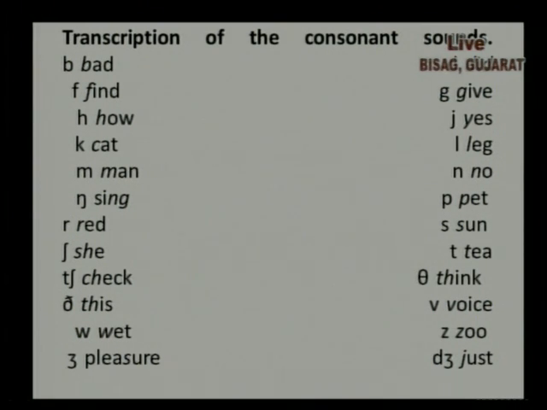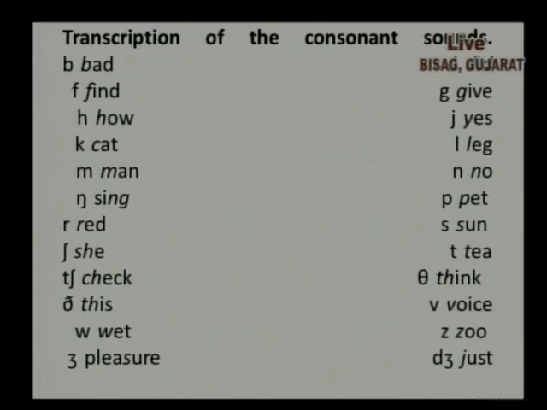Then we have the word find, which has the first consonantal sound written in the same fashion as the lowercase alphabet f. Then you have the word how, with the initial sound h. It is written again the same way as the lowercase h.